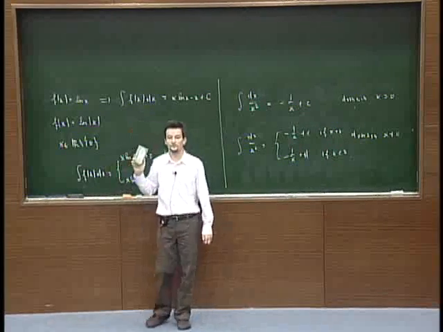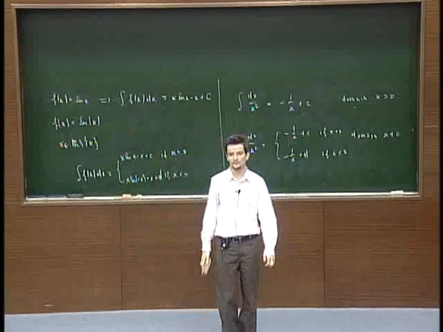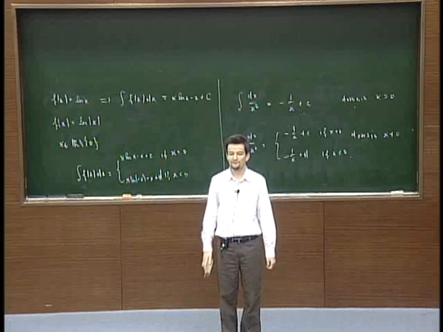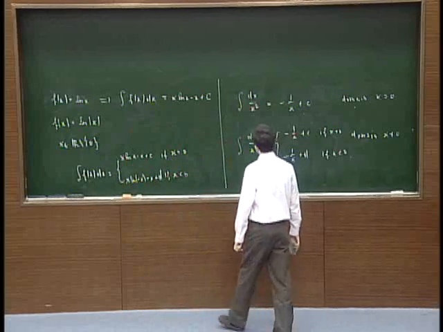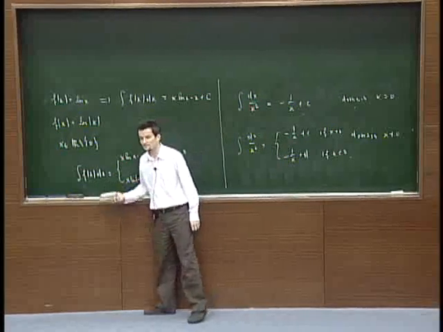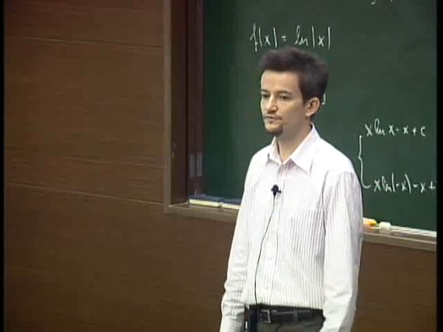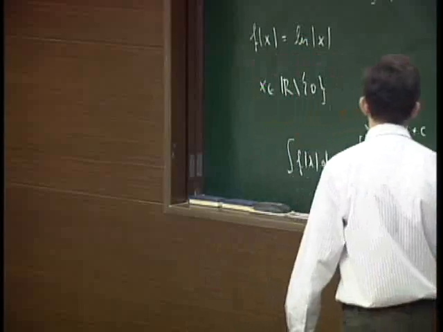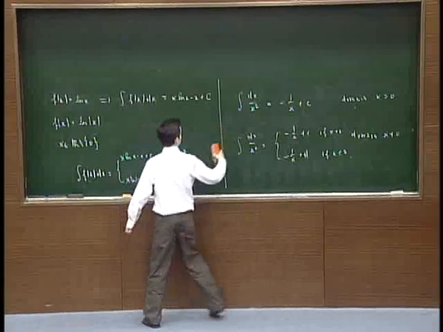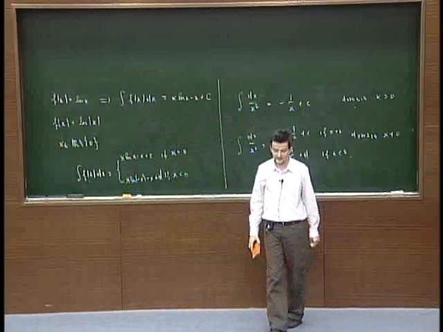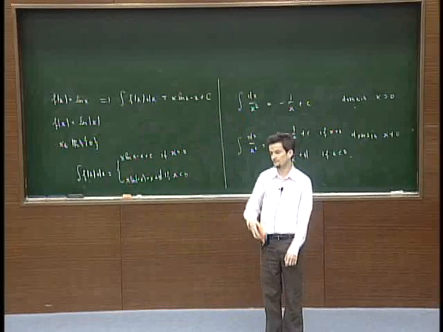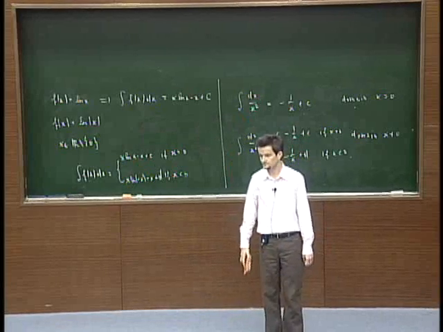Now, for those indefinite integrals, we can already find quite a lot of them just by reversing the process of differentiation, and you find a table. For instance, we know that the indefinite integral of cosine of x dx is equal to sine of x plus a constant, and so on.